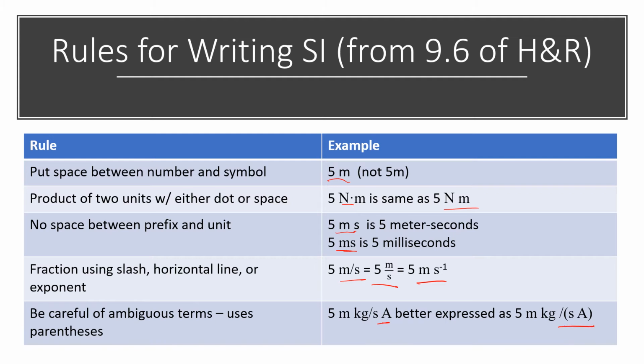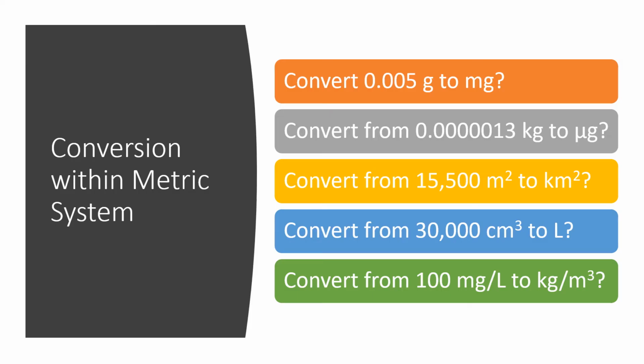Use the parentheses, and now we know it's under the fraction. If you put the A on the other side, then we know that it's part of the upper line of the fraction. So it's always good practice to look at what you're writing, and make sure that there are no ambiguities in it.